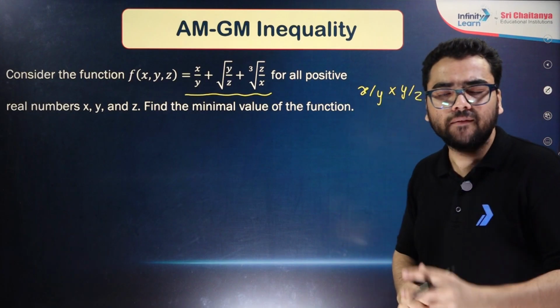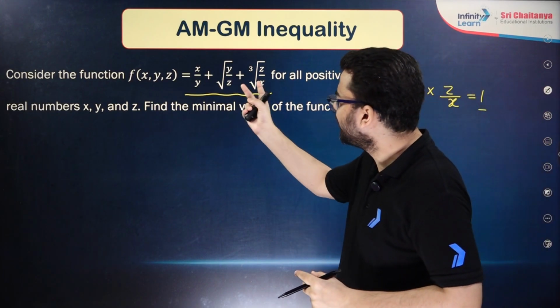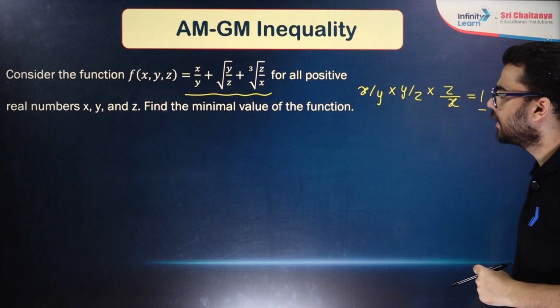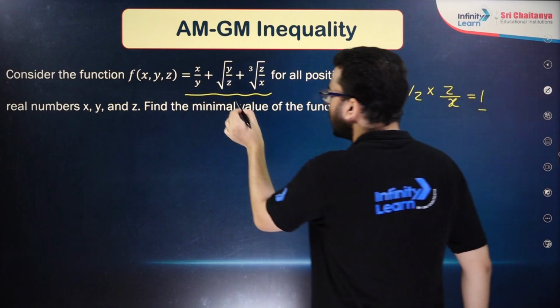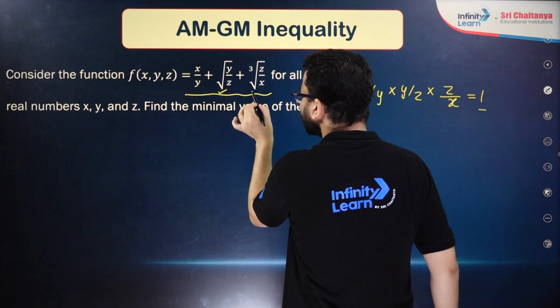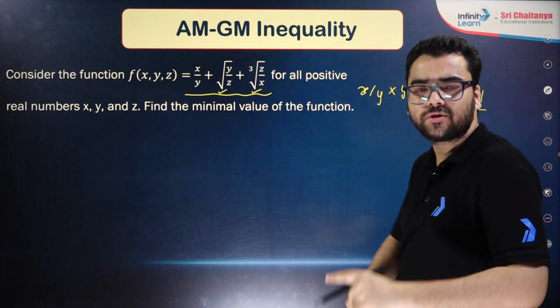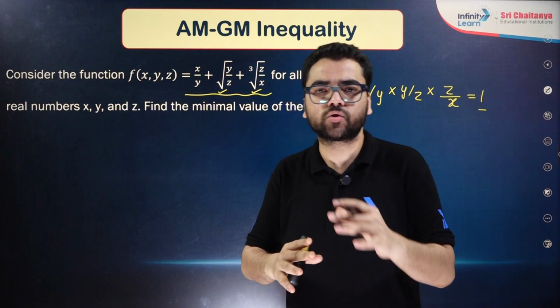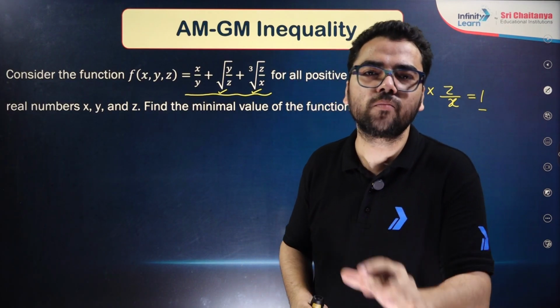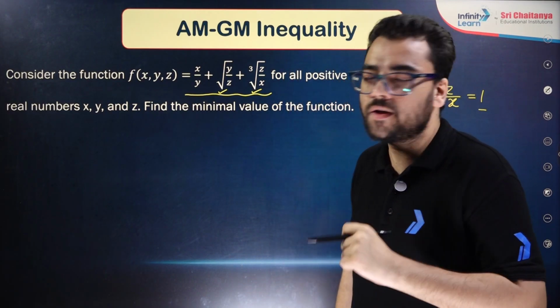So for that, we have to do a bit of manipulation in the function over here. The main thing is I want to remove the square root as well as the cube root. I have to think like that so that the square root and the cube root get removed. So how can we proceed with that?